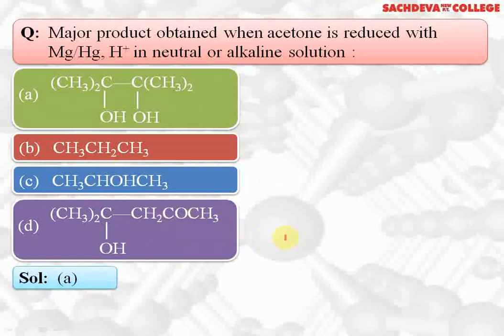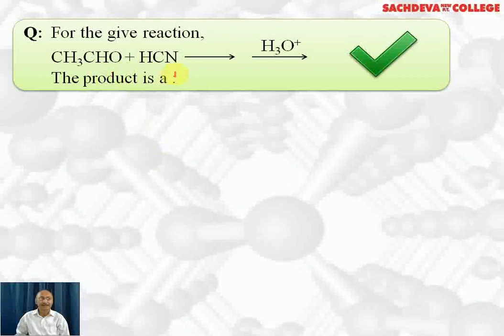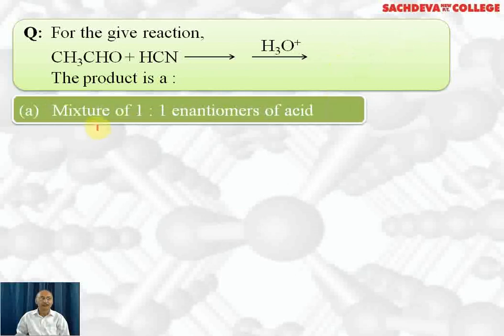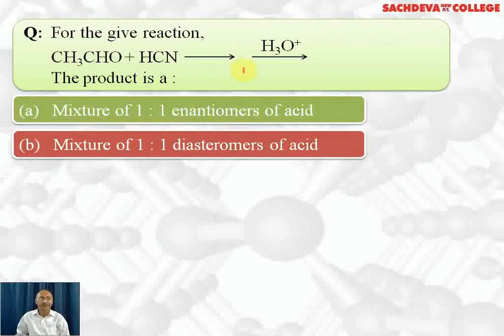Other possible products cannot be formed. Next, acetaldehyde reacts with HCN. It will undergo nucleophilic addition to form acetaldehyde cyanohydrin, which on hydrolysis changes CN to carboxylic acid. We will get lactic acid, or 2-hydroxypropanoic acid. Lactic acid is optically active, and the intermediate carbon is sp2 hybridized.